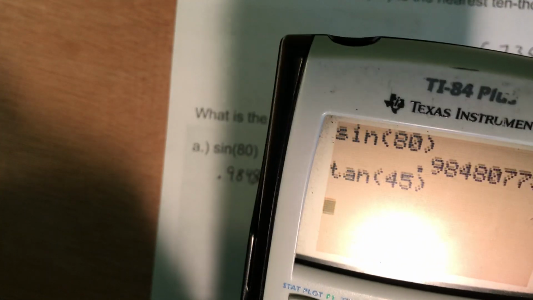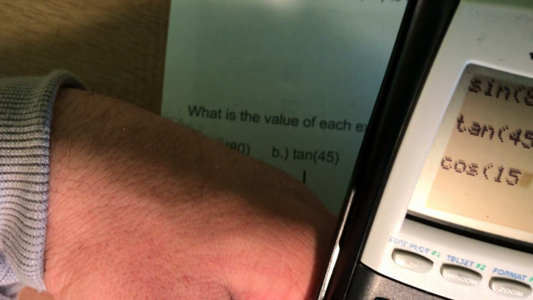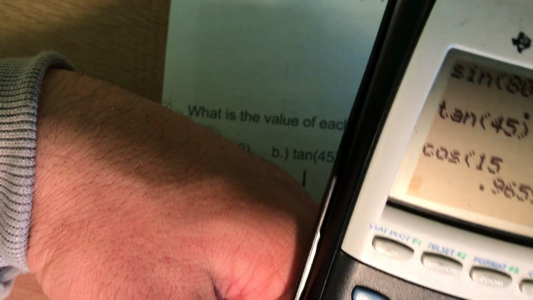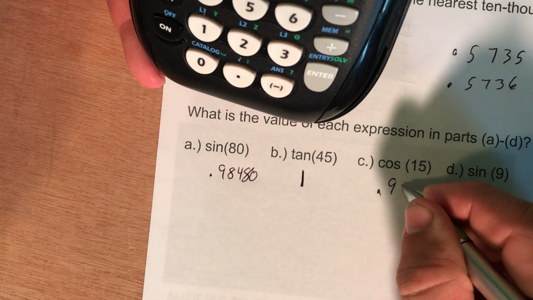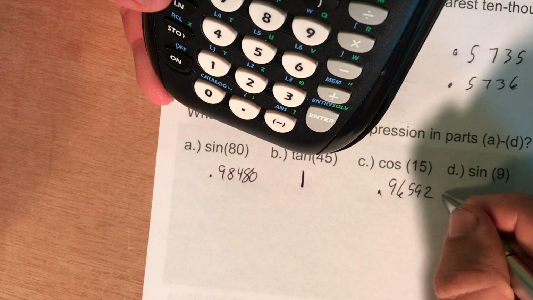The next one is cosine 15. Cosine 15 gets you about 0.96592, roughly.